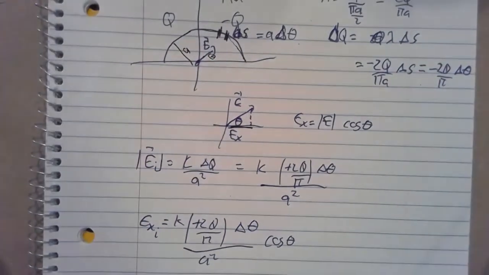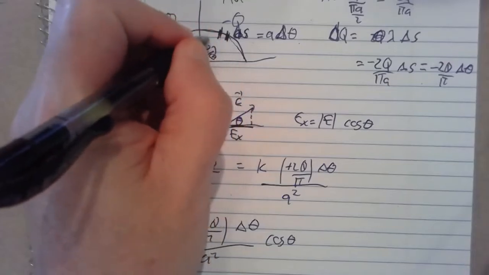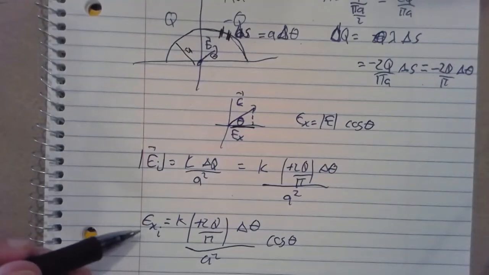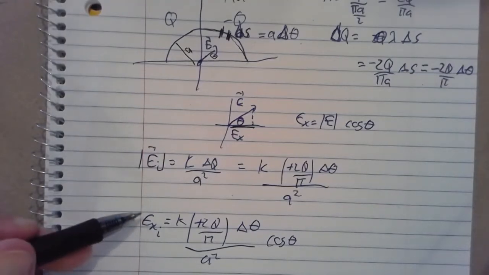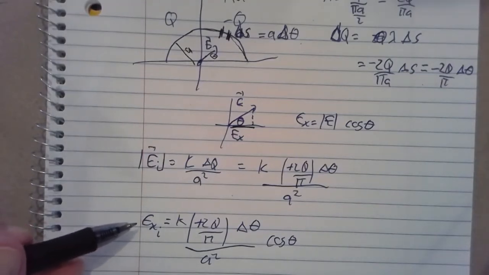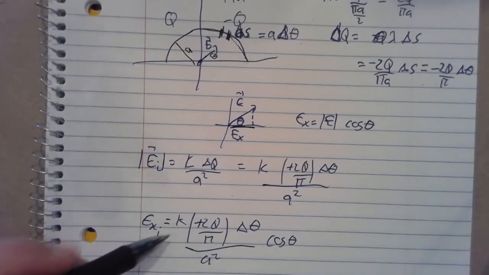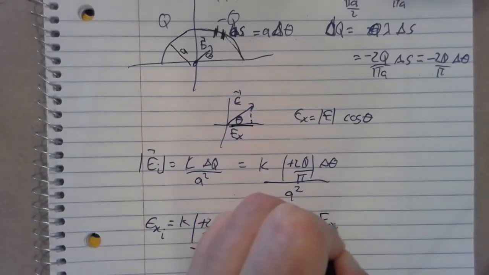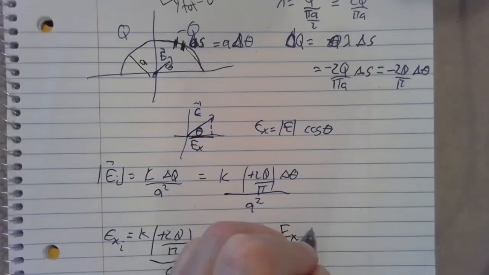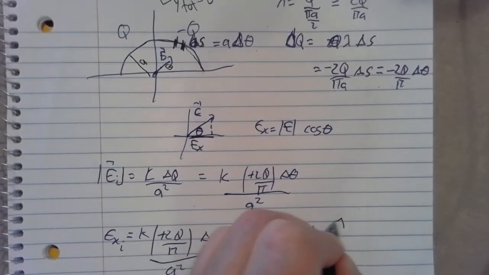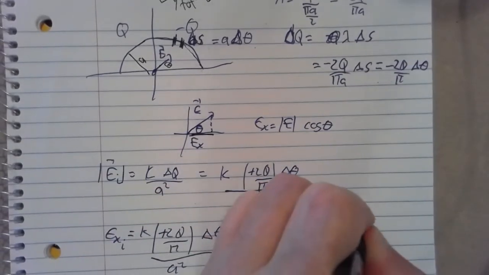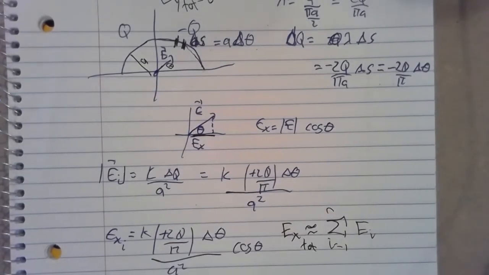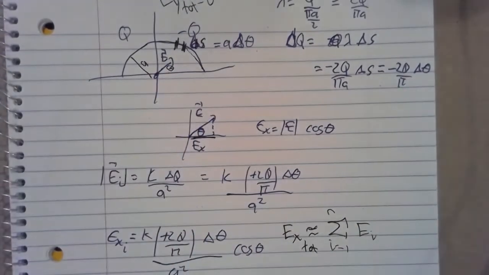So if we were being very formal in a calculus class, we would have split this into n equal partitions. And this would just be the ith one, and we would have a sum from 1 to n. So we're kind of glossing over that. This is just one contribution. Ex total then is approximately the sum from i equals 1 to n of all those individual contributions.